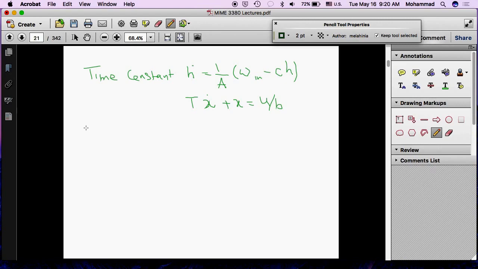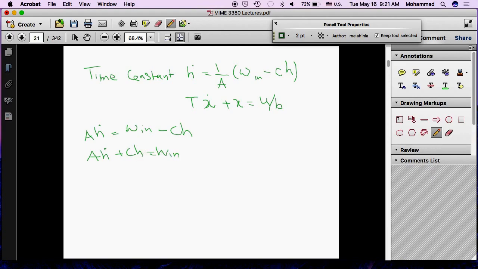So what do we do to take it into this equation? We'll multiply both sides by variable A first, right? So A times H dot is equal to Wn minus CH. Take everything to the same side, so AH dot plus CH is equal to Wn.